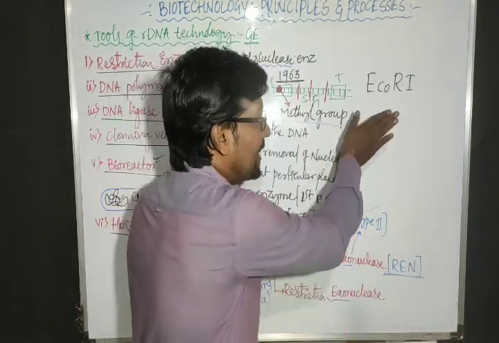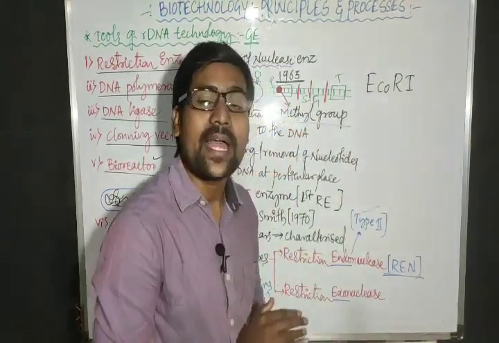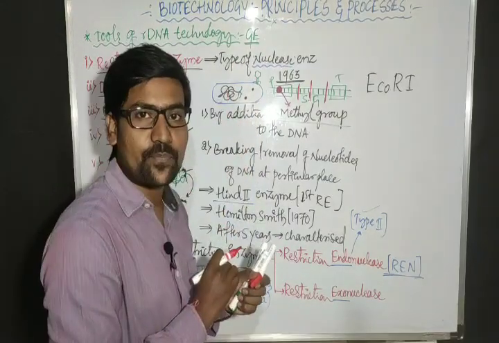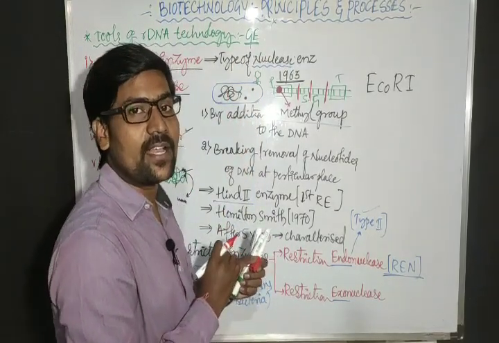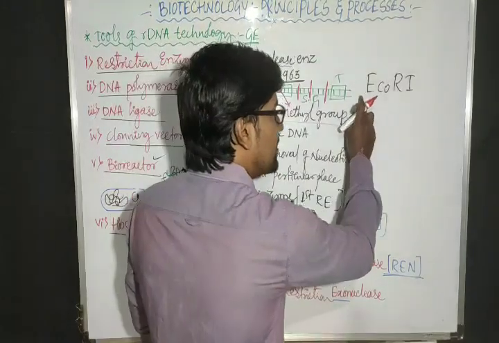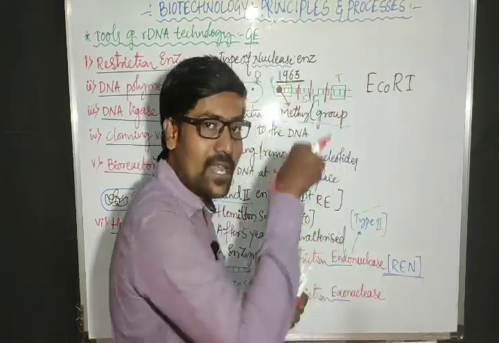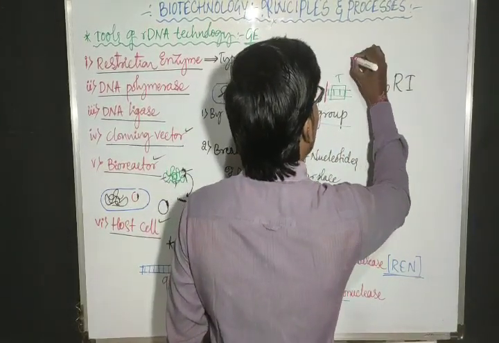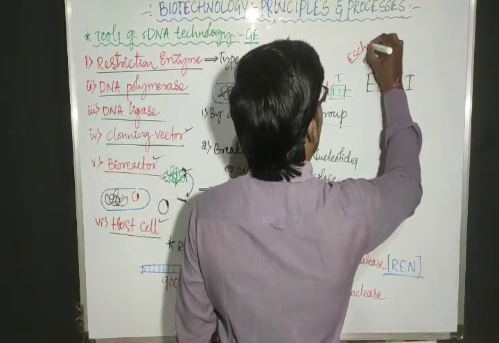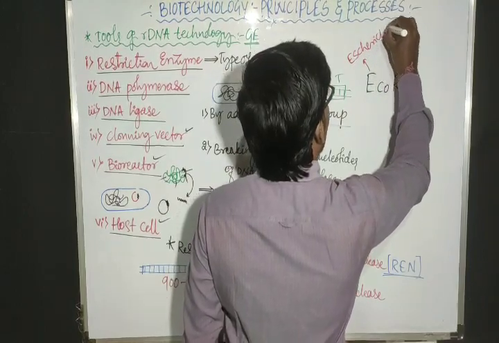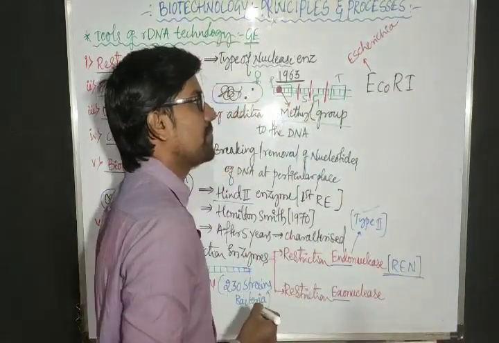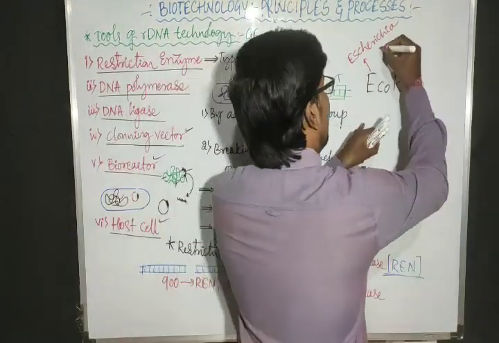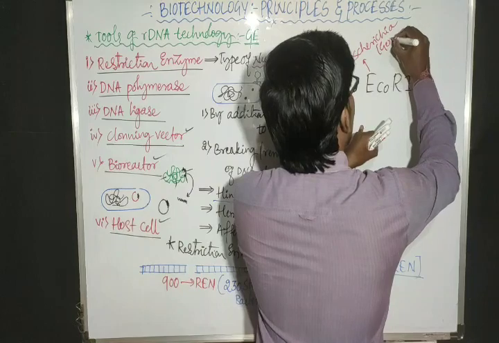Here we are getting this enzyme from one bacteria, the E. coli bacteria. Because of that, the starting letters use the abbreviation of the bacteria name. So here E means Escherichia, which is the genus name.